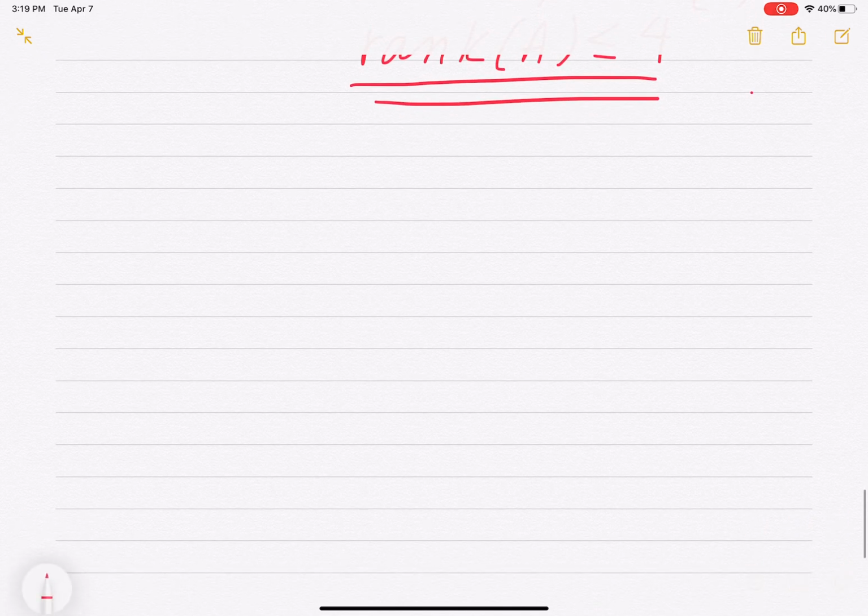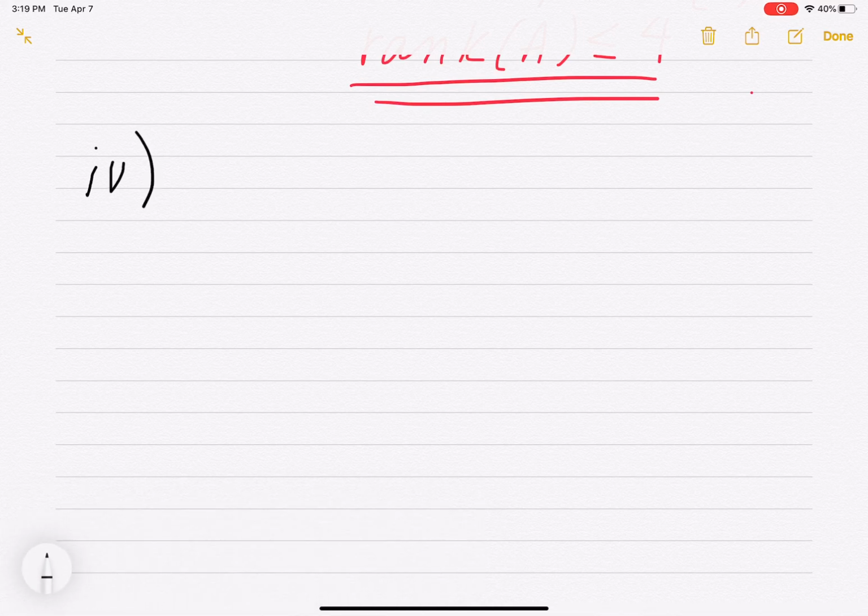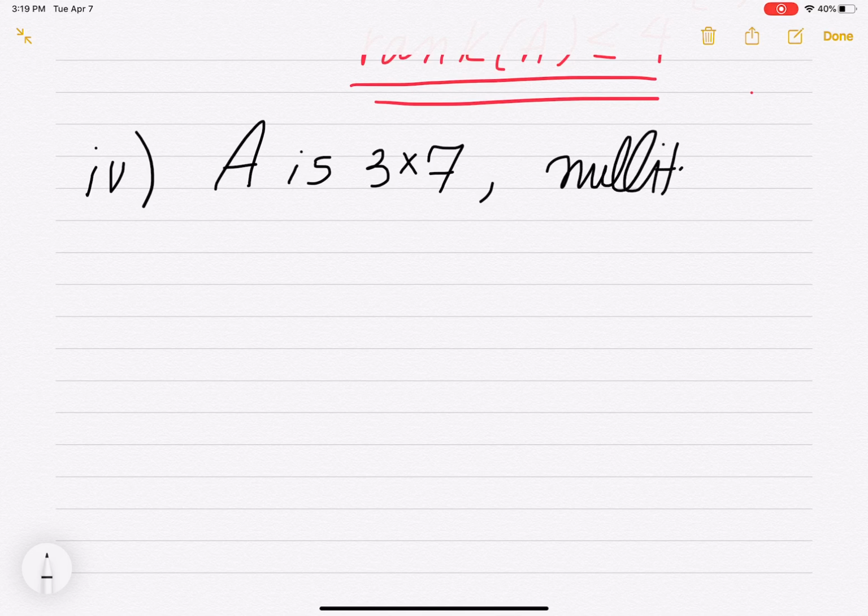Let's do number 4. How about, can we find a matrix A where A is a 3 by 7 matrix and the nullity is 2? Let's see, can we do that?